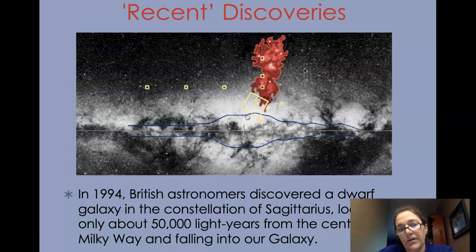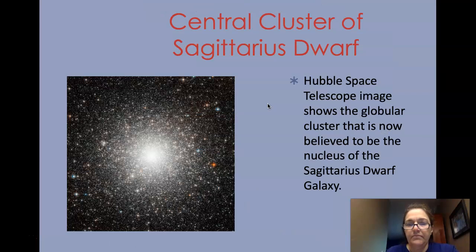And then, we're always finding new stuff. In 1994, a couple of British astronomers discovered that there is this dwarf galaxy falling into the center of our Milky Way galaxy. And then in the center of that dwarf galaxy, it looks like a globular cluster.